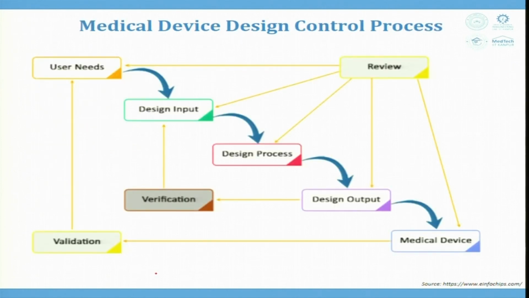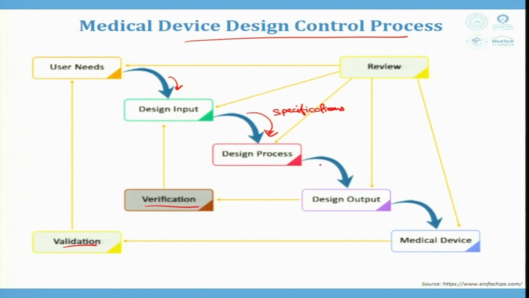Here is a schematic that represents where verification and validation happen and what the medical device design control process elements are. Here you can see review is happening at each point. User needs give the design input, which gives the design process, because the specifications have been obtained from here.